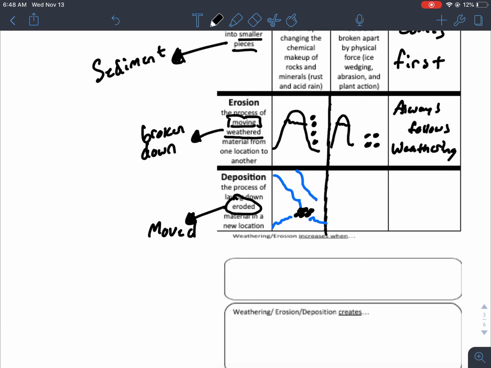This material builds up. What I want you to have drawn is a river and an ocean and then a big pile of sediment right there. Then in the other box, write new location. Deposition means you lay down the sediment somewhere new.